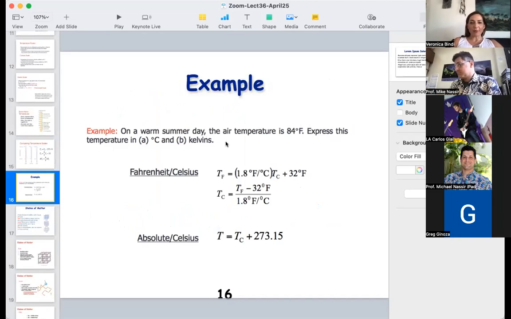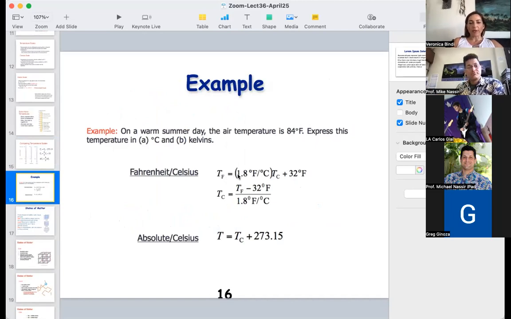On a warm summer day, the air temperature is 84 Fahrenheit. Express this temperature in Celsius and then in kelvins. So here we have to apply the same expression as before. 9 divided by 5 is 1.8.